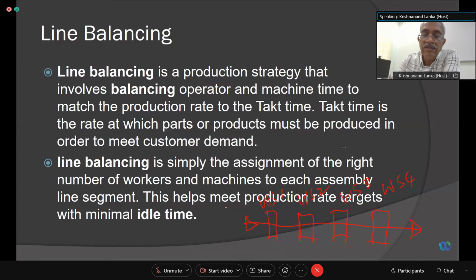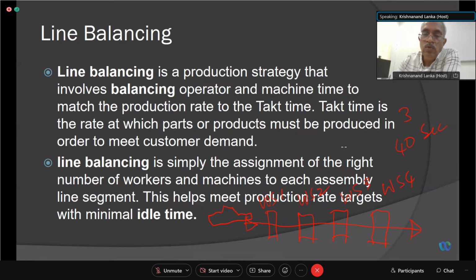Once the rough chassis starts at workstation 1, a worker may be mounting tires. Then in the next workstation, the worker will be only putting bolts and nuts. In a moving assembly line, you divide the work elements into small units. Suppose your takt time is, let us say, a round figure, 40 seconds.